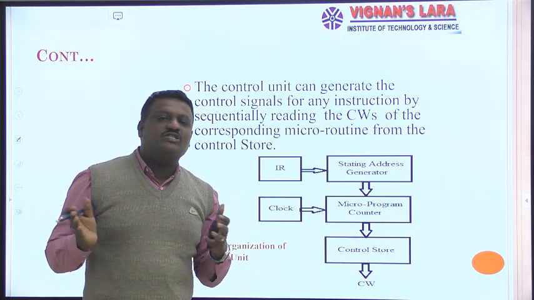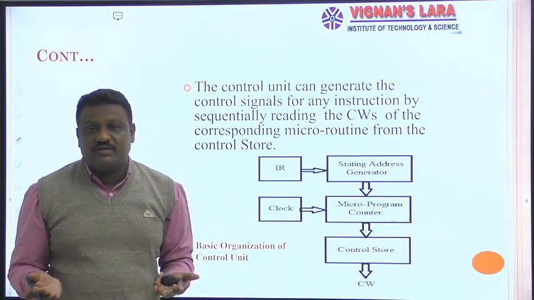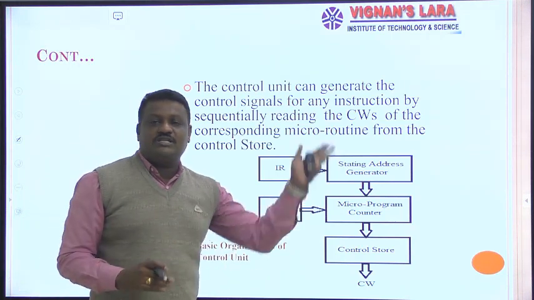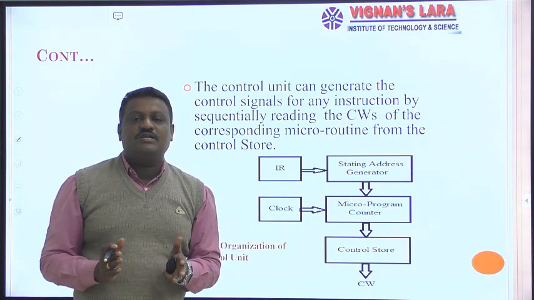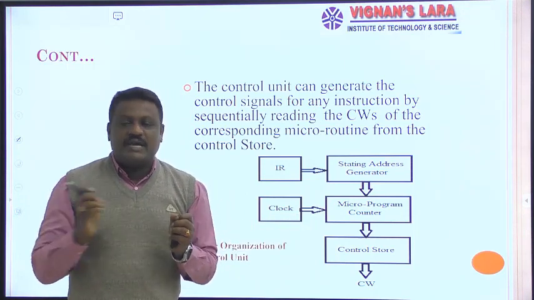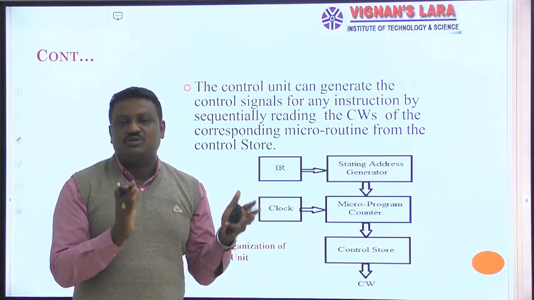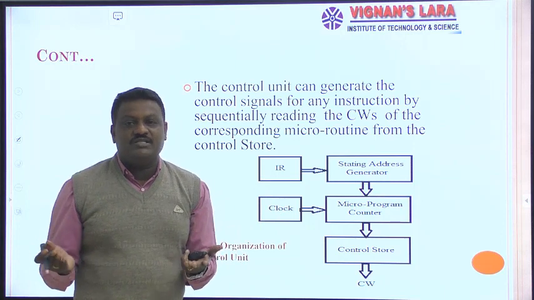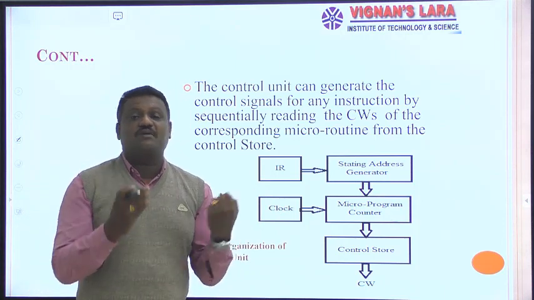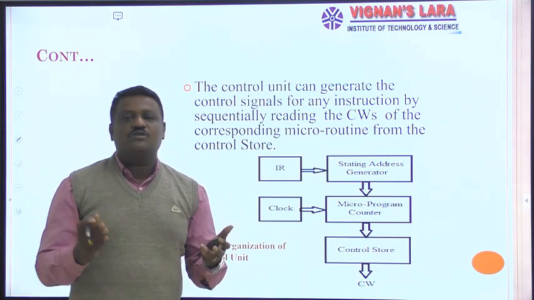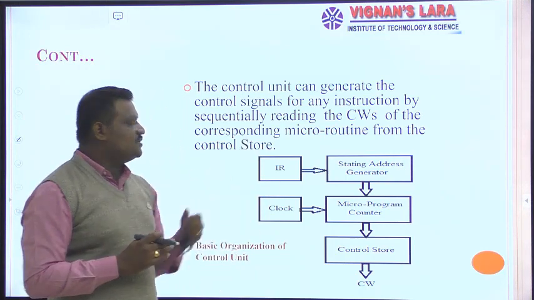In a microprogram based control unit, the control signals are generated by execution of micro instructions. Here micro instructions I can call control words. Generally the control words are nothing but micro instructions which are stored in my control memory or control store. If I want to execute an instruction, I have to fetch one after another the control words or micro instructions from my control store or control memory. So that is the meaning of this.